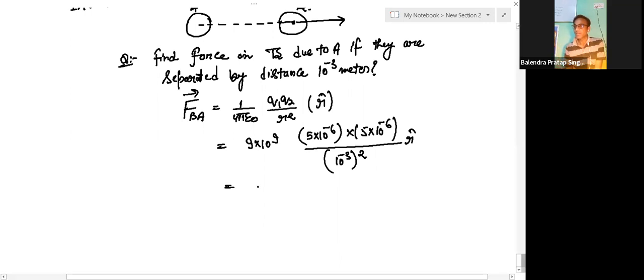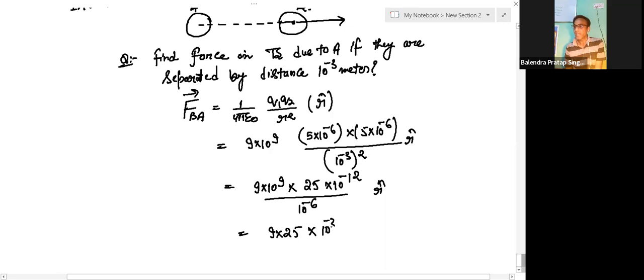So the answer is 9 into 10 raised to the power 9 into 25 into 10 raised to the power minus 12, divided by 10 raised to the power minus 6, into r cap. And this is 9 into 25. Now the powers: 10 raised to the power minus 3 into 10 raised to the power plus 6 into r cap. This will give you 9 into 25 into 10 raised to the power 3 r cap.